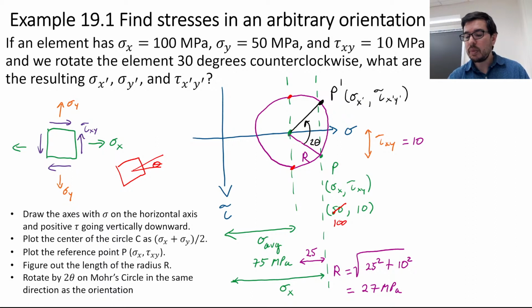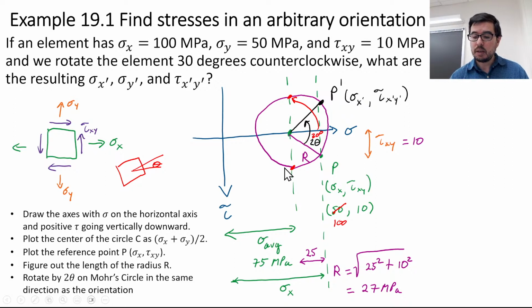So from here to here was 60, so this would have been 30 in there. And then I've got to go another 90 to get there. So I've got to go a total of 120.